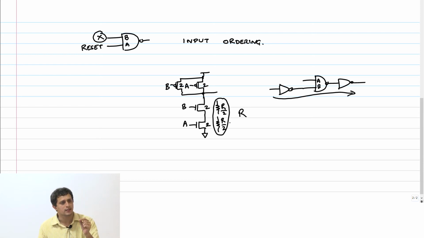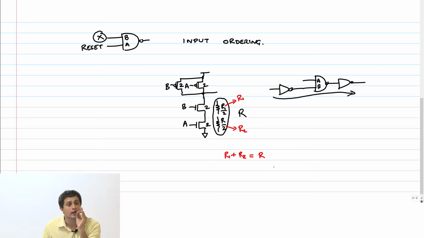Now what I'm saying is, I want to reduce the logical effort of this input B further, but I need to ensure that the resistance of the stack doesn't change. So this R by 2 and R by 2, I'm going to make it some R1 and R2, such that R1 plus R2 is R. That cannot change.